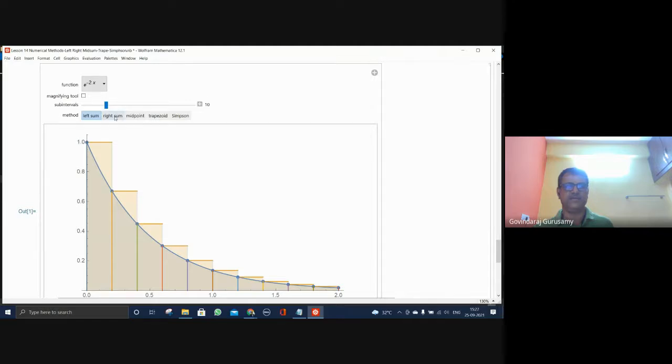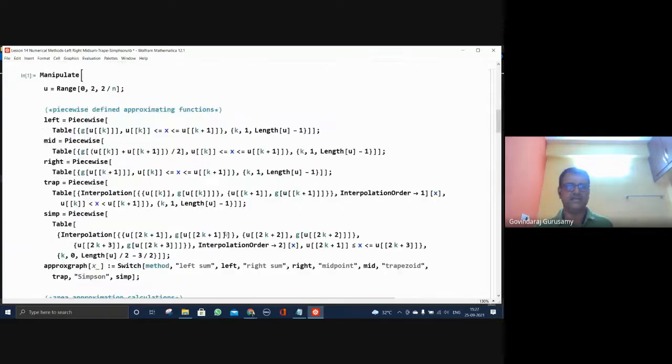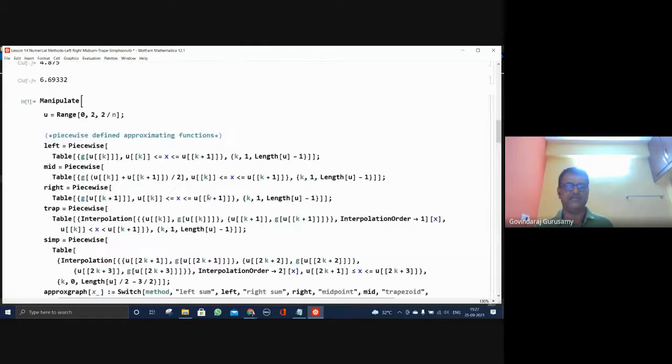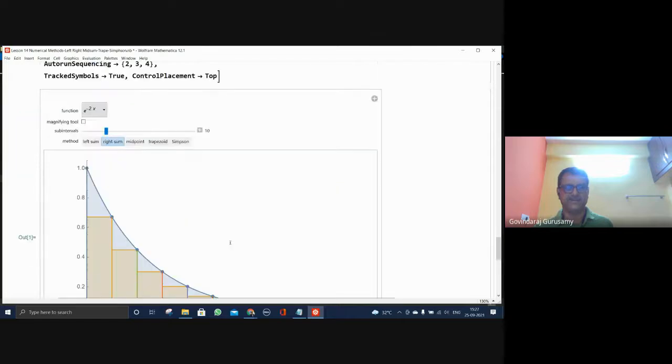If I go to the right sum, it will be different. This difference is because the starting points are different, and f of xi for every point brings a difference. So it appears to be the same, but actually it is different. That is reflected in the error component that you have.